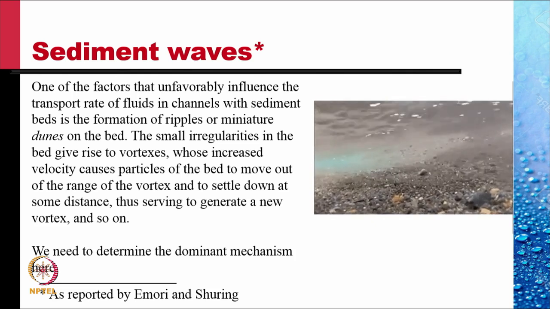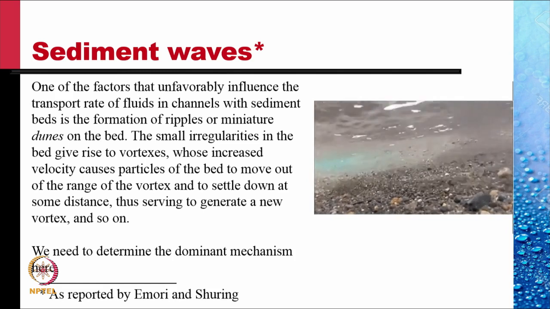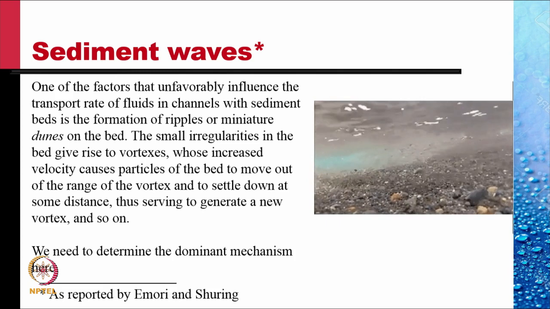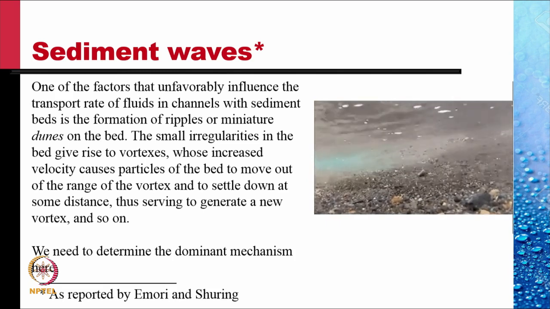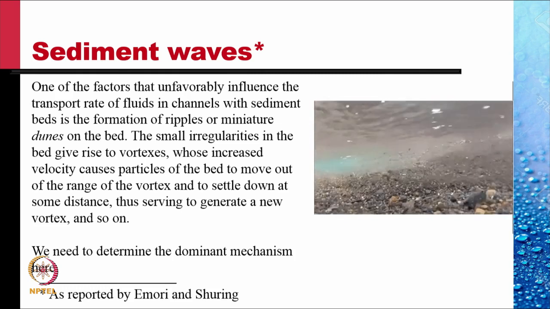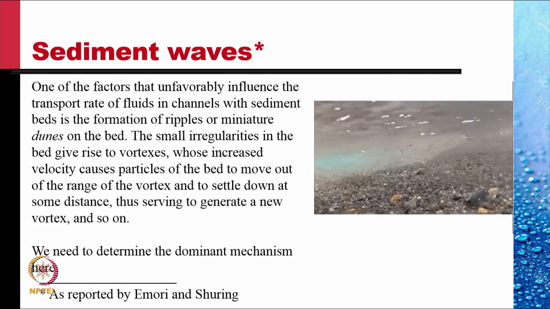The small irregularities in the bed give rise to vortices whose increased velocity causes particles of the bed to move out of the range of the vortex and to settle down at some distance, thus serving to generate a new vortex, and so on.